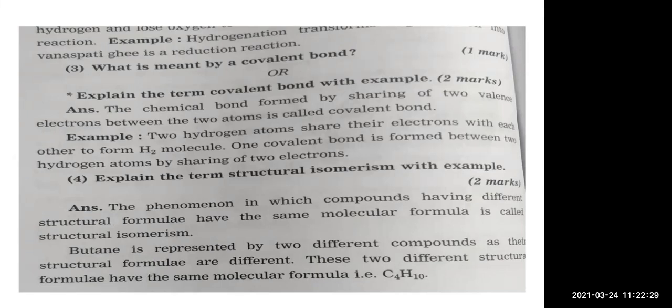Same way, the sharing of electrons takes place between the 2 oxygen atoms. Then sharing of electrons takes place between 2 nitrogen atoms. So depending upon that, they share their electrons and form the bond. Whenever there is a sharing of electrons, that means a covalent bond is formed.